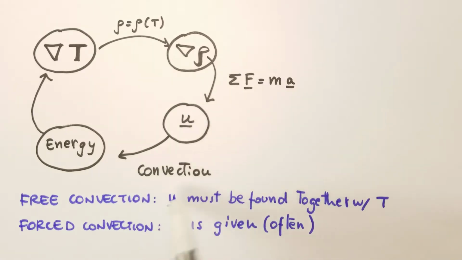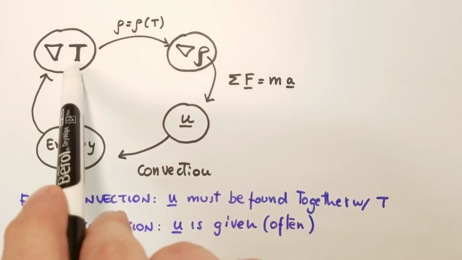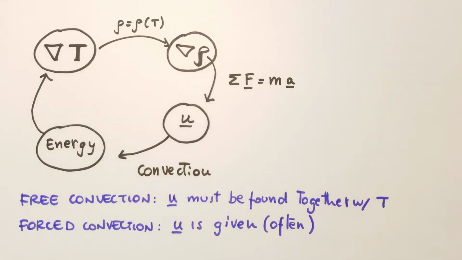So this motion will have an impact on the energy balance through convection, and the energy balance itself will feed back to the temperature gradients. In free convection, the velocity field must be found together with the temperature field, whereas in forced convection, in most of the cases, the velocity field is given.